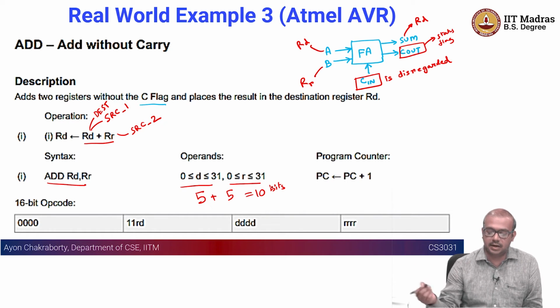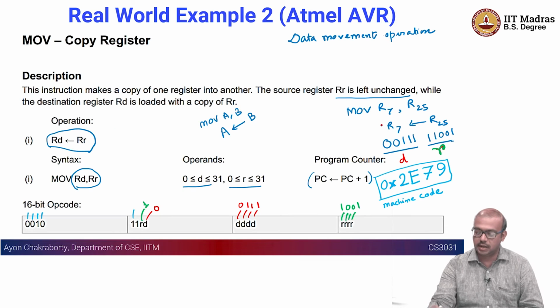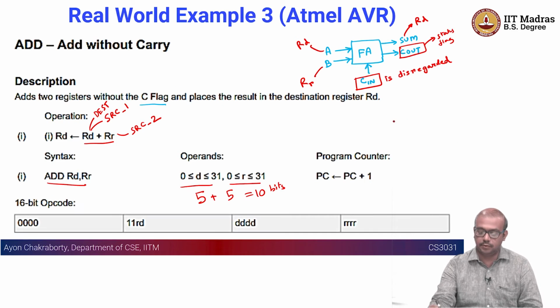Again, if I want to do the same thing that I did last time, in the last example we did move R7, R25. Even if we do, let's say, add R7 comma R25, these are not going to change anything, because there are a lot of registers being copied and probably added, right? So all of it is the same.